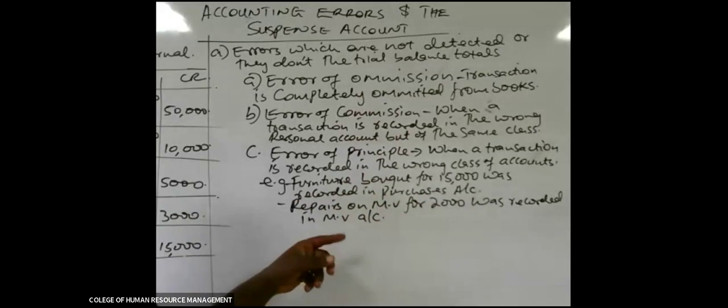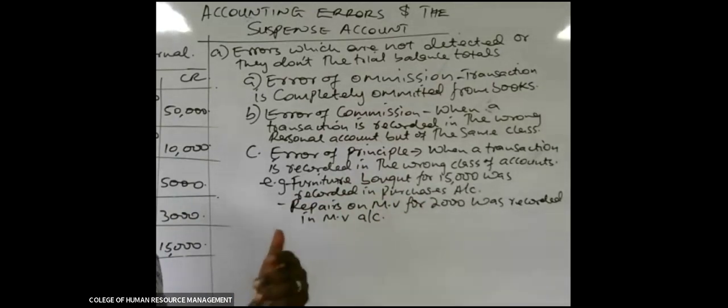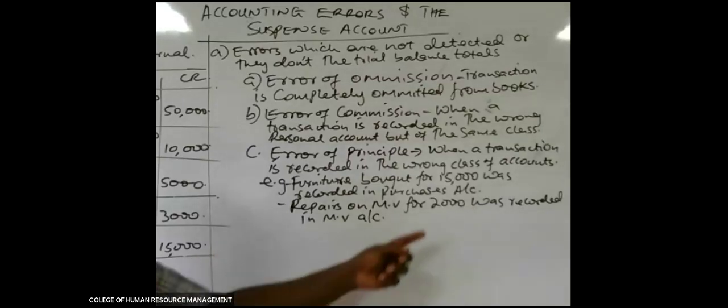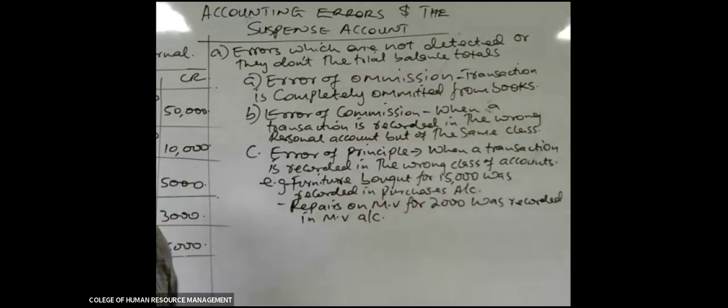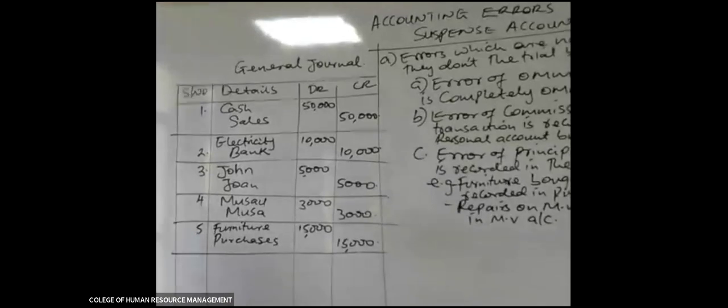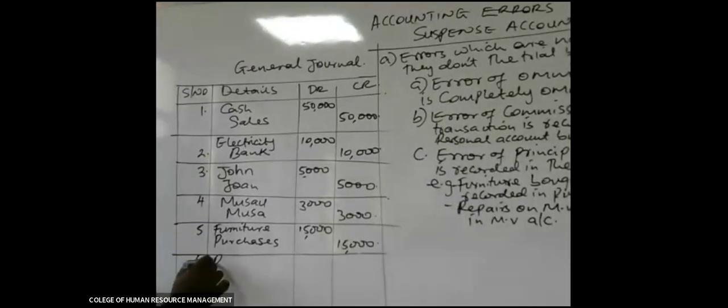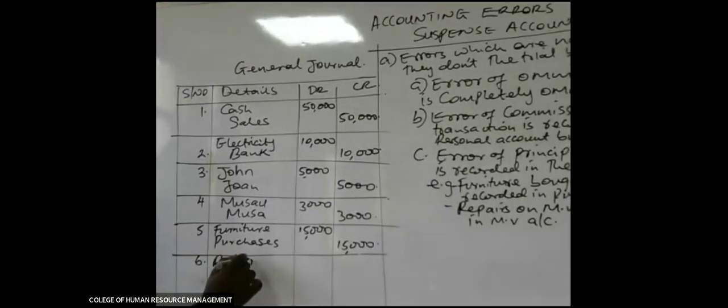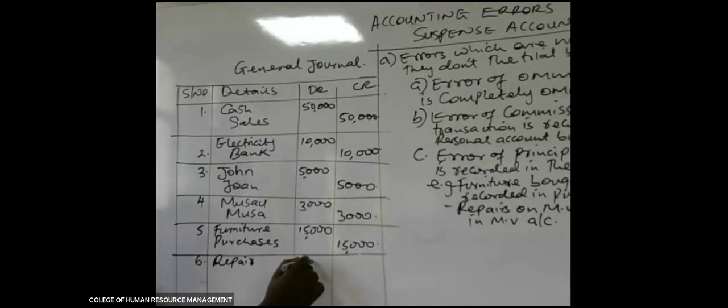When now we are told that it was entered in the motor vehicle, this is very wrong. When you debit a motor vehicle account, from accounting point of view, it is like you are buying a new motor vehicle. You are acquiring a new motor vehicle. But in this case, now you are not acquiring a new motor vehicle. It is the repair for the existing motor vehicle. So this amount should be entered in the repairs account, not motor vehicle account. So you need to come here and say, this is error number 6. The account which was supposed to be debited is repairs, 2,000.